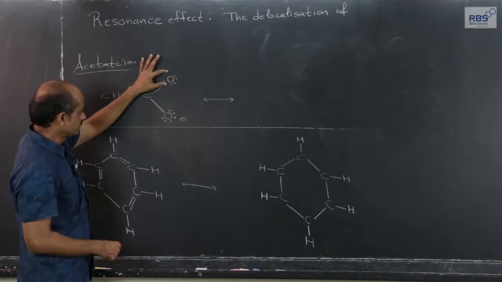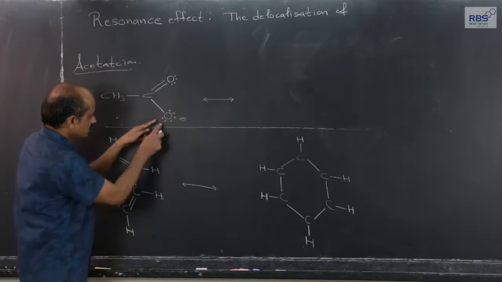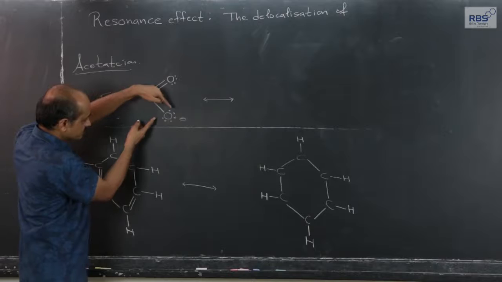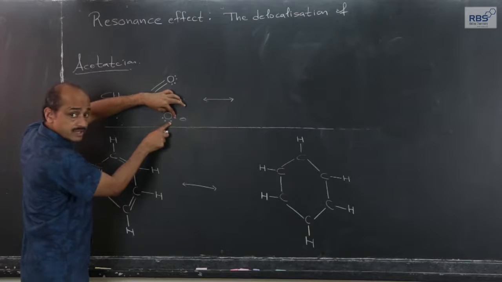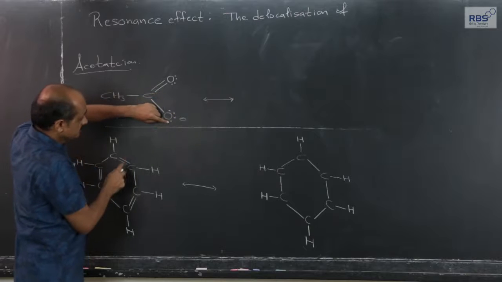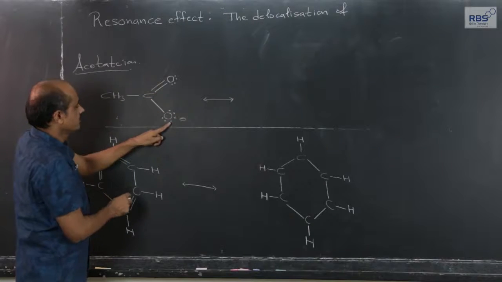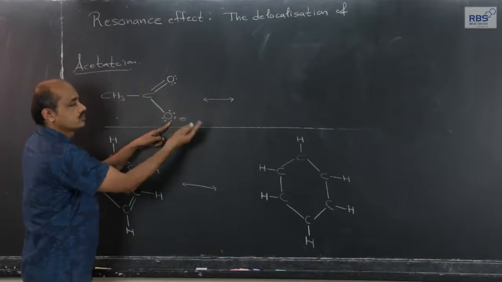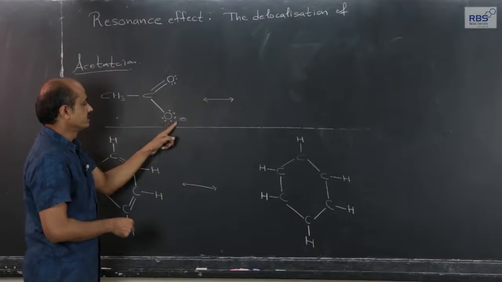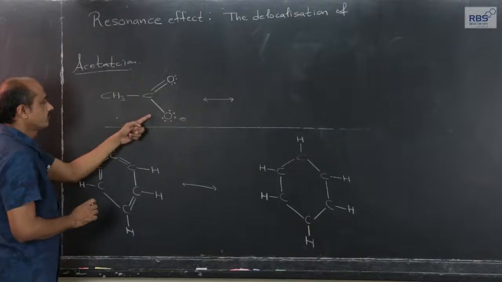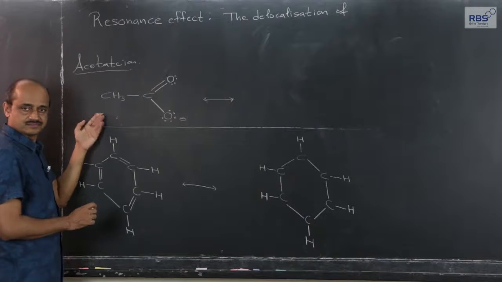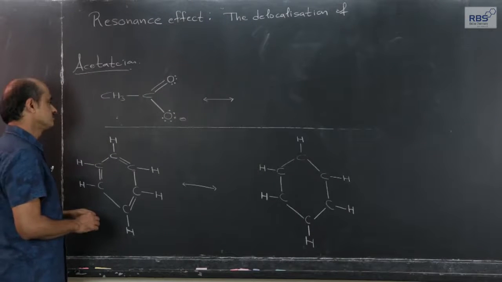Two lone pairs on this oxygen are present. Because of heterolytic breaking of the OH bond, this electron pair is developed, one electron of oxygen and another electron of hydrogen, developing a -1 charge on this oxygen. So, this becomes the structure of acetate ion.